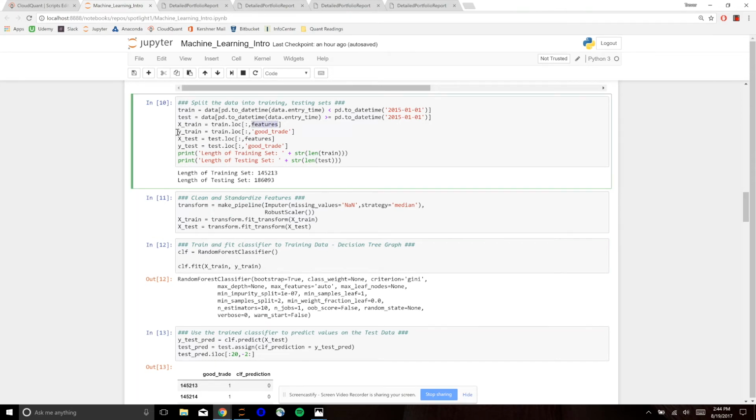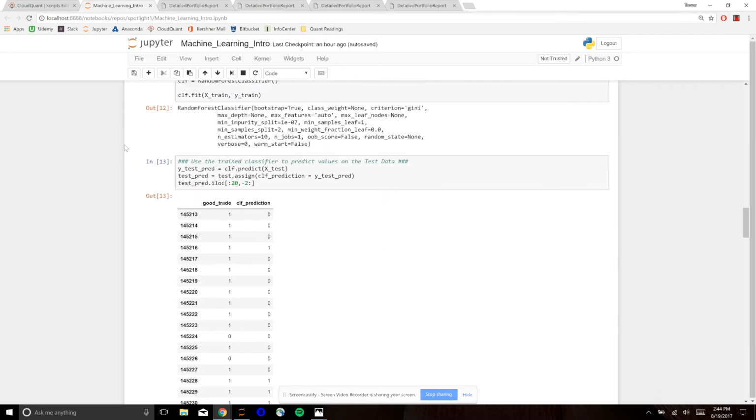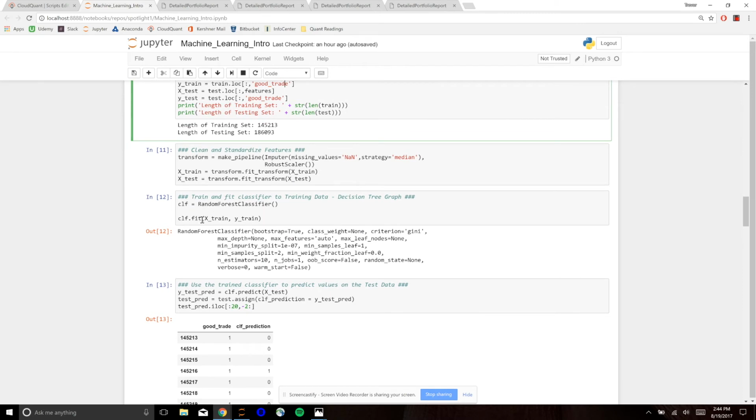And our Y train is just a label that we gave it. So based on these features, is that a good trade or a bad trade? The random forest classifier can now look through all this data, and it can make decision trees based on whether or not that was a good or a bad trade.